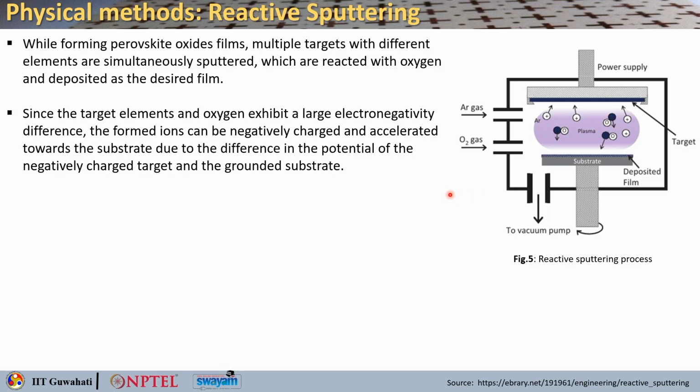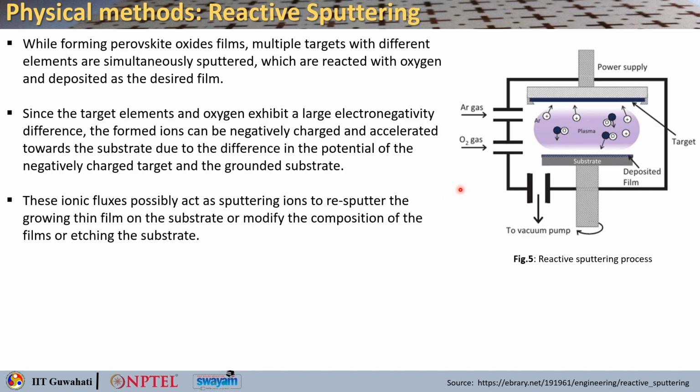So, since the target elements and oxygen exhibit a large electronegativity difference, the formed ions you will see can basically be negatively charged, and they are accelerated towards the substrate due to the difference in the potential of the negatively charged target and the grounded substrate, right.